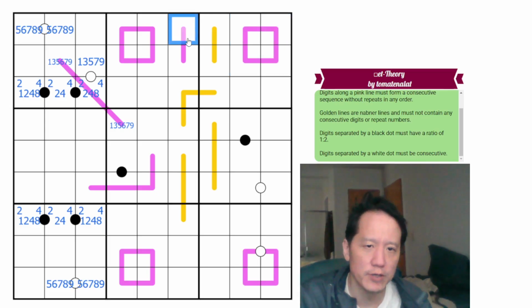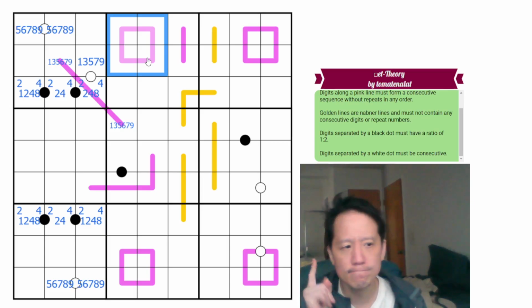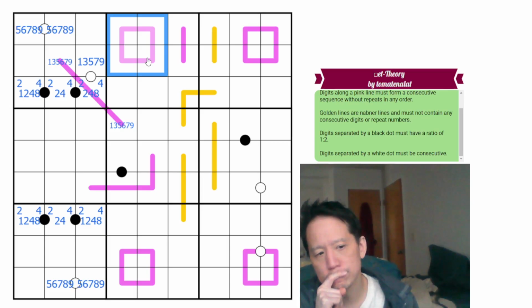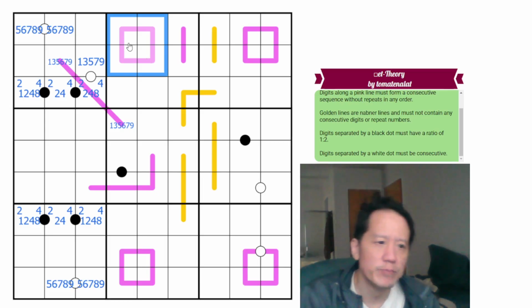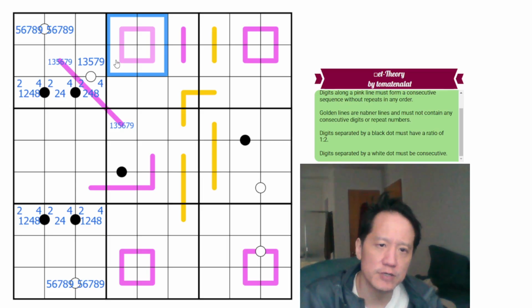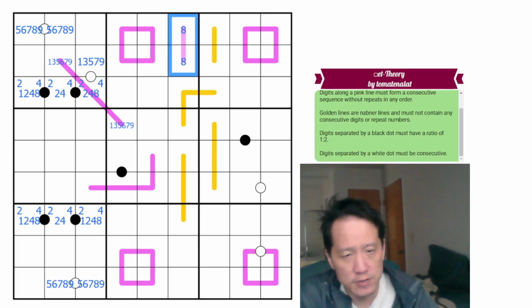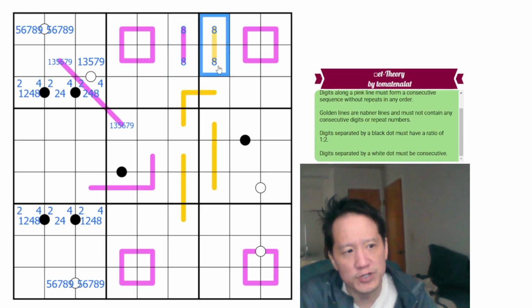So 8 would be in both of these. This would be 2, 4. But what are the remaining digits is the question, right? So this would have to be 8. This would be 8. This could be 2 and 4 here.